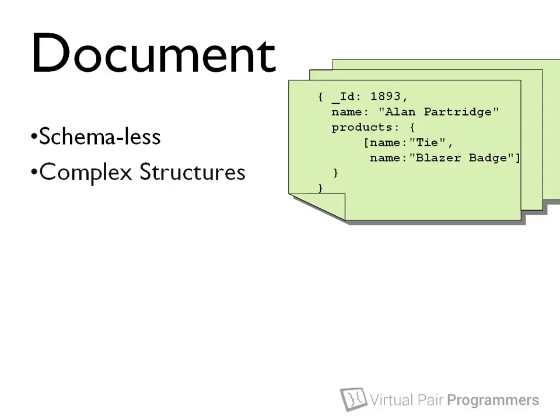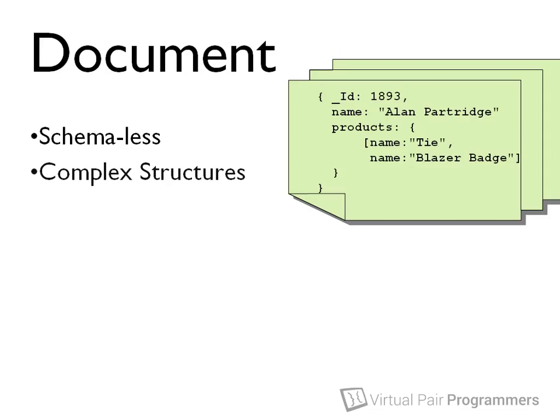Instead of thinking of data as being a table where every row has the same fields, in a document database, each row or each element in the database is completely independent from the other elements. You can have lots of documents all with the same structure, or you could have documents with lots of different structures. The choice will be yours.